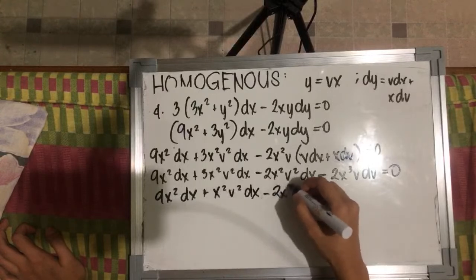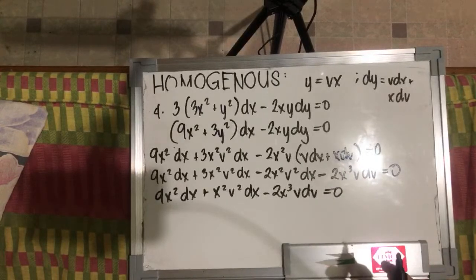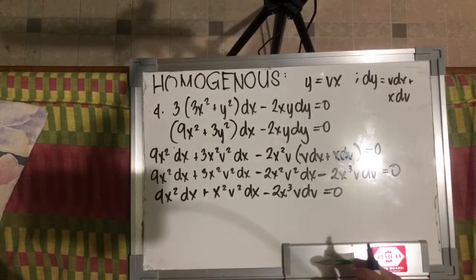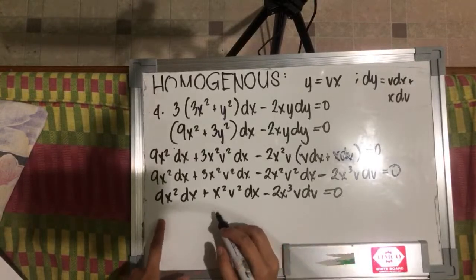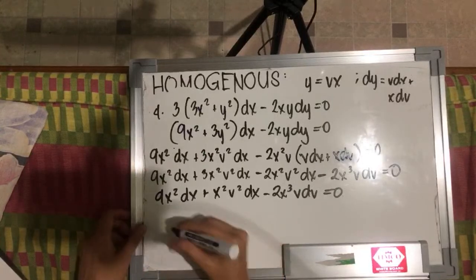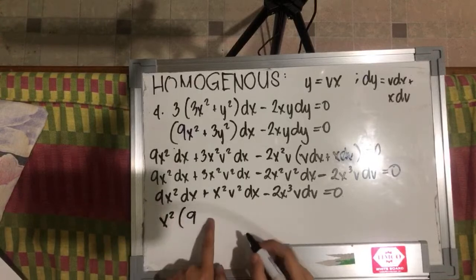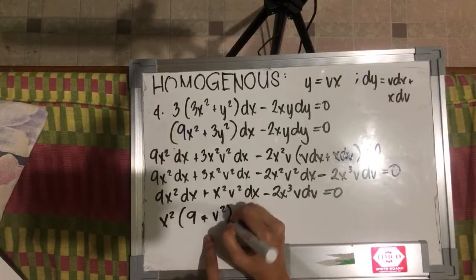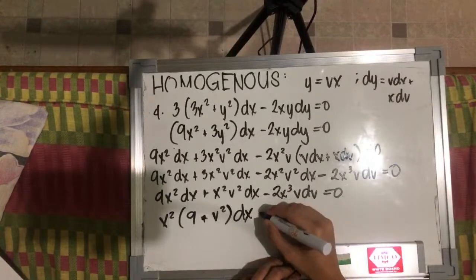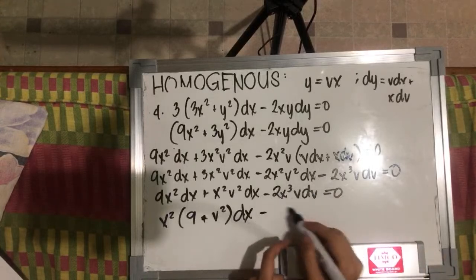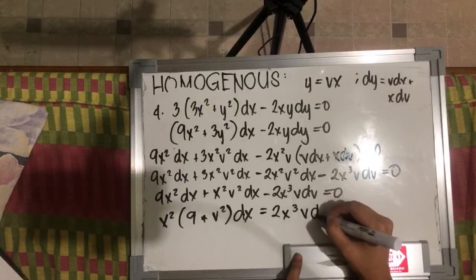Minus 2x cubed v dv is equal to 0. So, mag-factor out tayo dito, dx. So, similar sa kanila yung x squared. So, x squared 9 plus v squared dx, tas ito transpose ko to sa kabila para maging positive. So, magiging 2x cubed v dv.